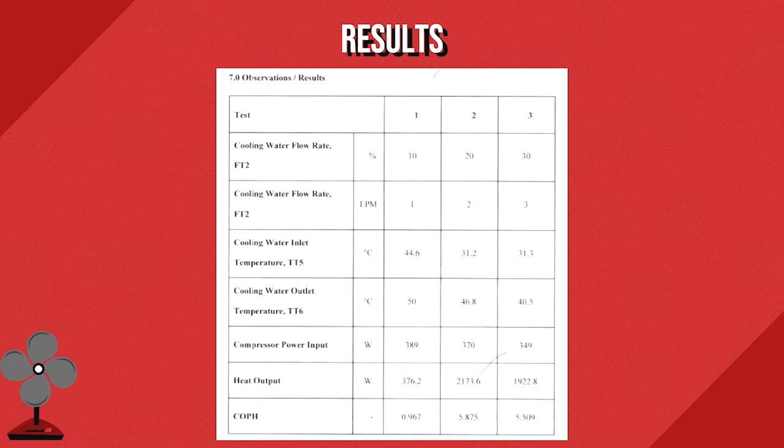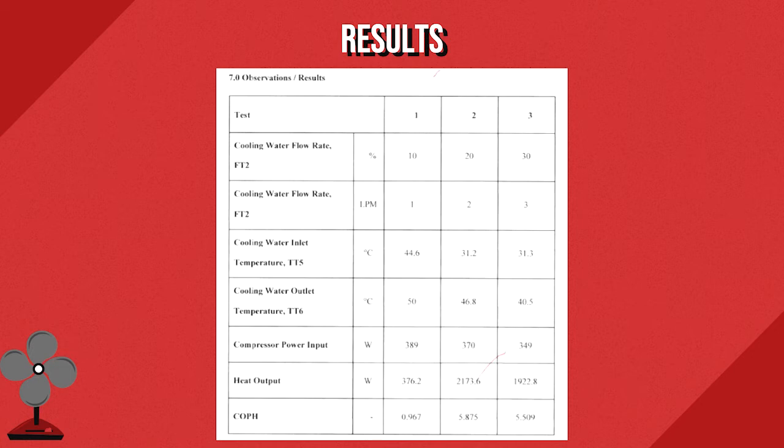For compressor power input we get 389 watt and heat output 376.2 watt. For COPH we get 0.967. For test 2, cooling water flow rate FT2 we get 20% and 2 LPM.